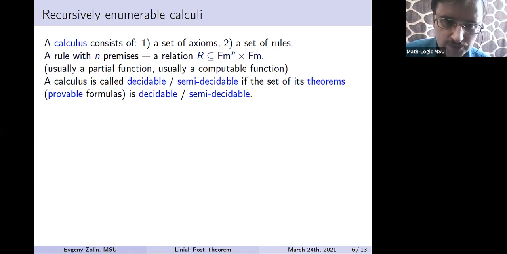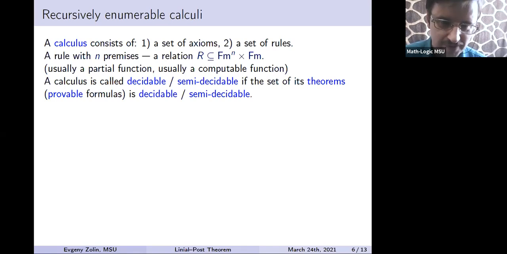And now a calculus will be called decidable or semi-decidable if the set of theorems or provable formulas of this calculus is decidable or semi-decidable. So what is a theorem? It is a formula that has a proof.